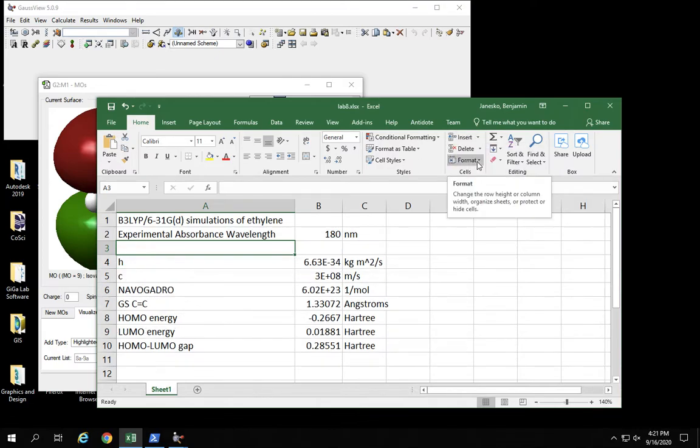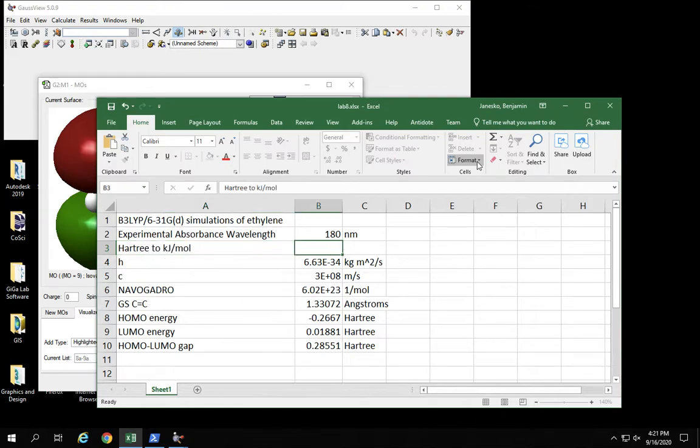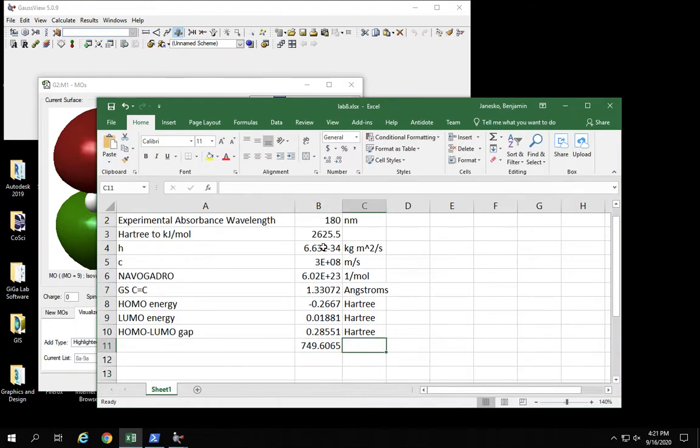Let's see, the conversion from Hartree to kilojoules per mole is 2625.5 kilojoules per mole per Hartree. So I'm going to get the gap times this conversion factor. Okay, so now that's in units of kilojoules per mole.